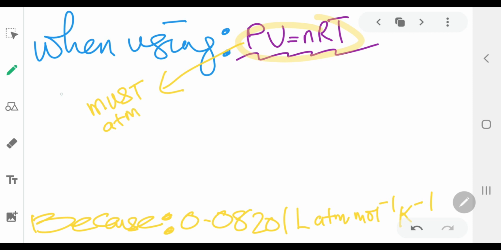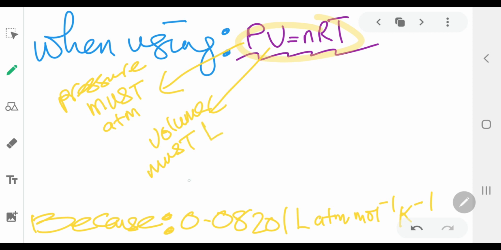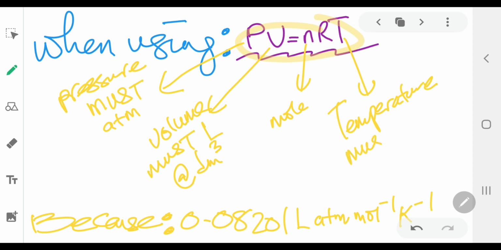Okay, pressure must be in ATM, so that is your pressure. And then your volume is always going to be in liter or decimeter cubed, so it's the same as liter. And then mole over here, and your temperature must be in Kelvin. So when you have something other than Kelvin, for example, you need to change it first to Kelvin. You need to show the conversion, okay?